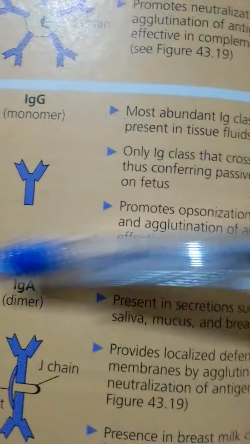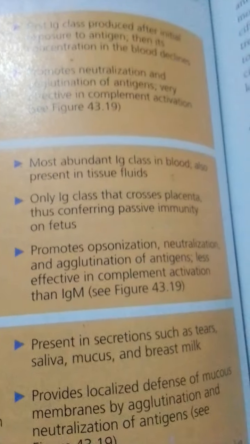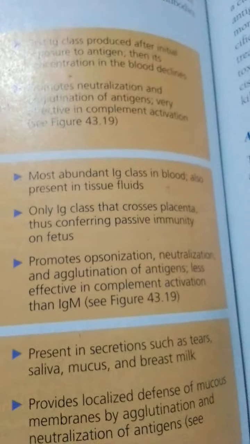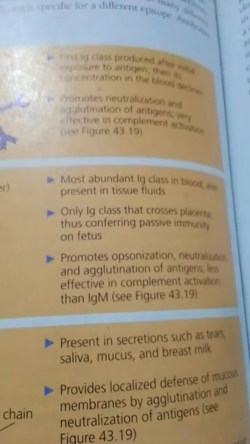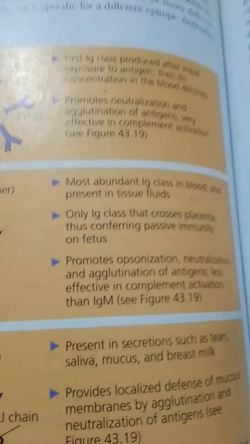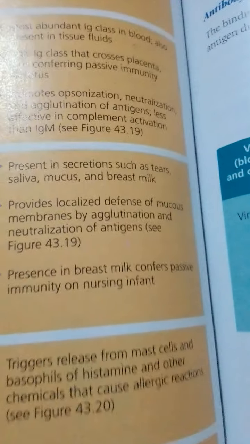Note that 2 classes exist primarily as polymers of the basic antibody molecule, IgM as a pentamer and IgA as a dimer. The other 3 classes, IgG, IgE, and IgD, exist exclusively as monomers.